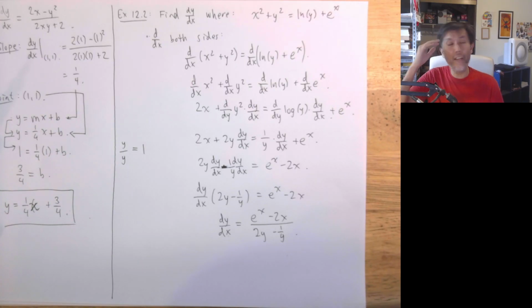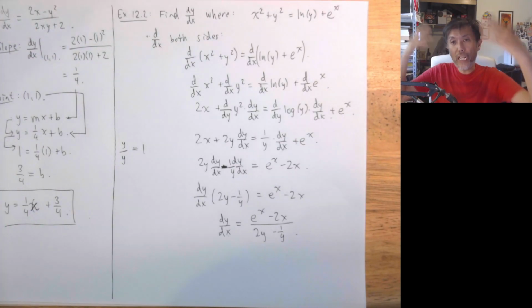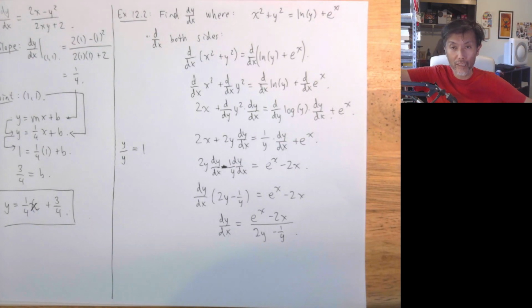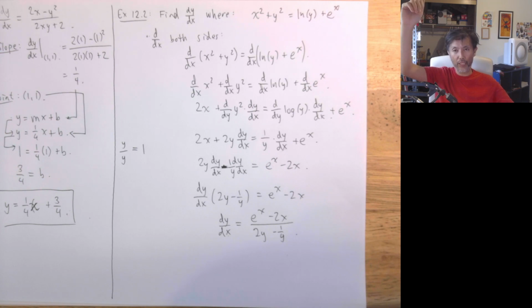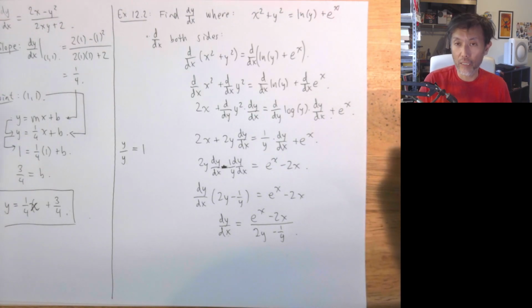The natural log of any negative number, the natural log of 0, does not exist. That's because the exponential function is always positive. And the natural log, being the inverse of the exponential function, only will accept positive values as input. I hope that made sense.